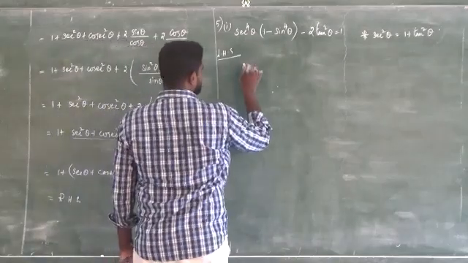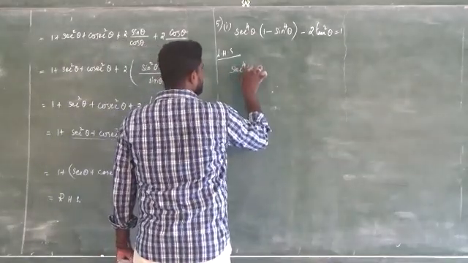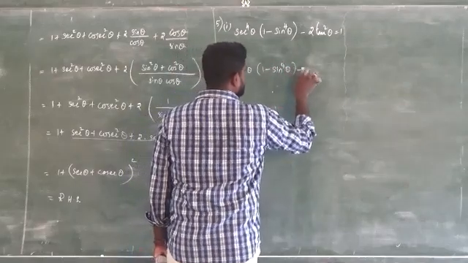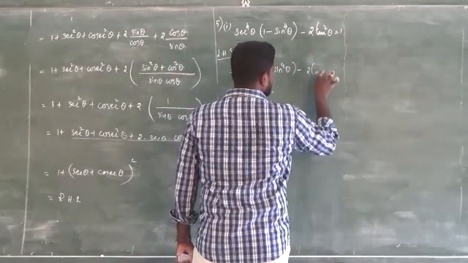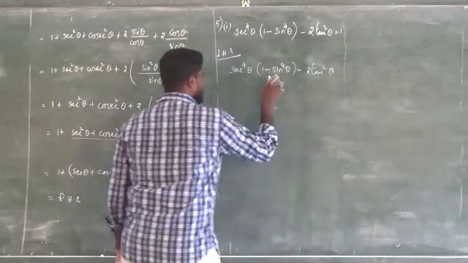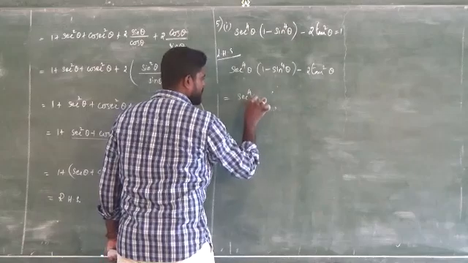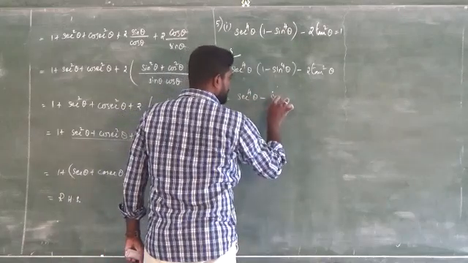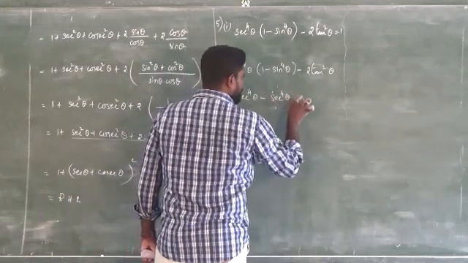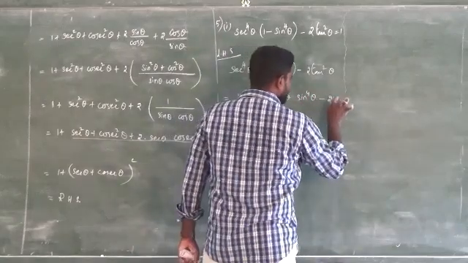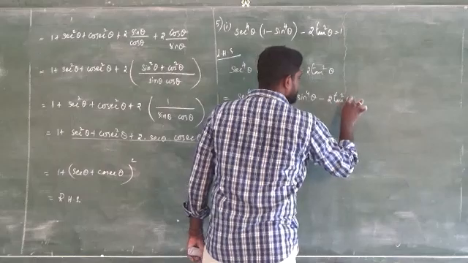So here LHS is secant power 4 theta into 1 minus sin power 4 theta minus 2 tan square theta. So multiply secant power 4 into 1, it is secant power 4 theta minus secant power 4 theta into sin power 4 theta minus 2 tan square theta.